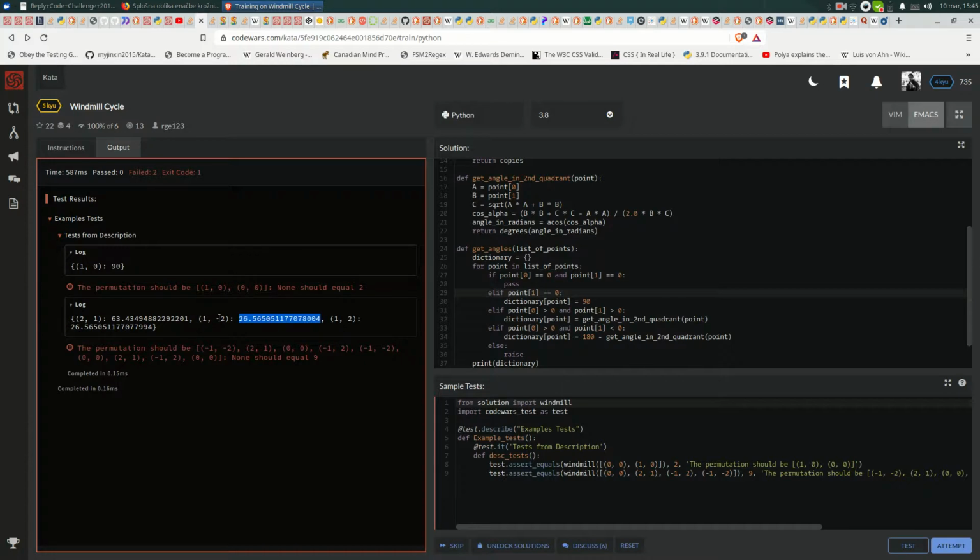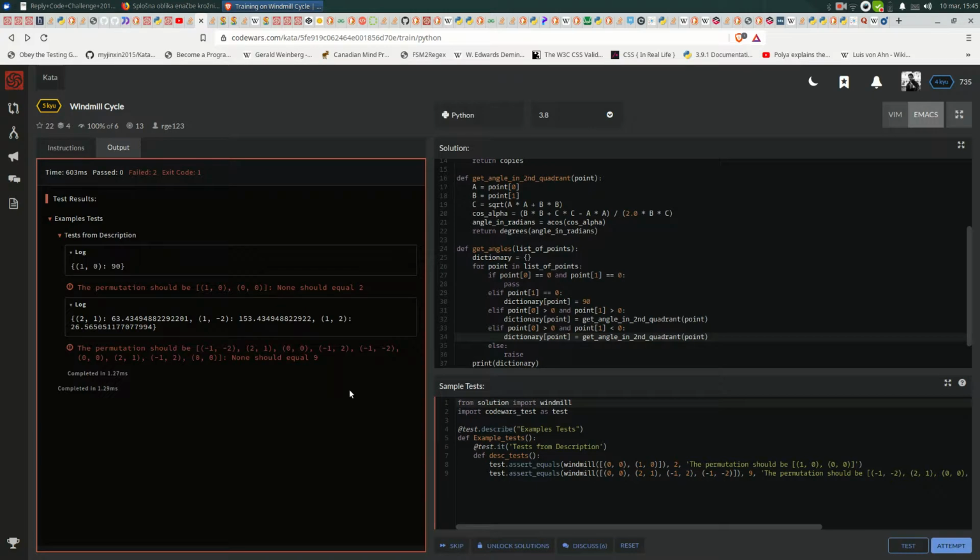So let me think. 1 minus 2. That angle should be a lot greater, right? Because it's 2, 1, 2 and 1. It's alright. But over here, 1 and 1, 2, it's like that. Oh, that shouldn't be 26, it should be more. So let's test that out. That should be more.